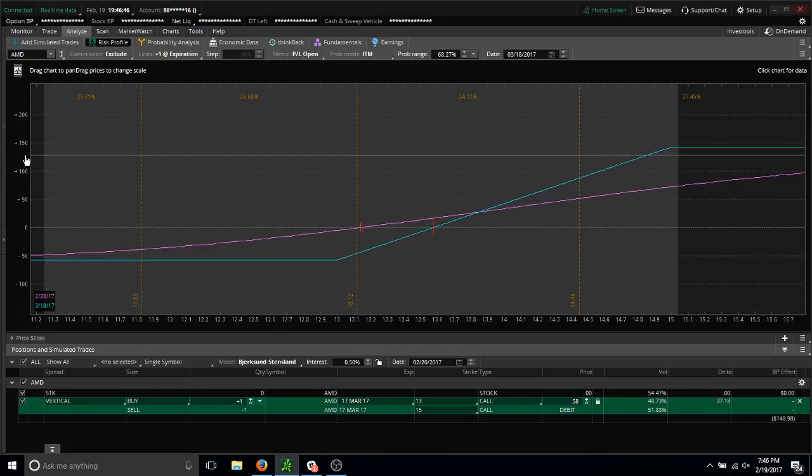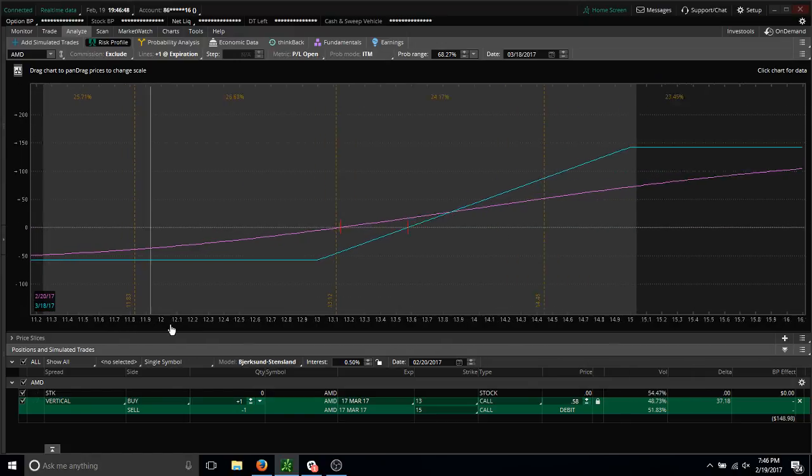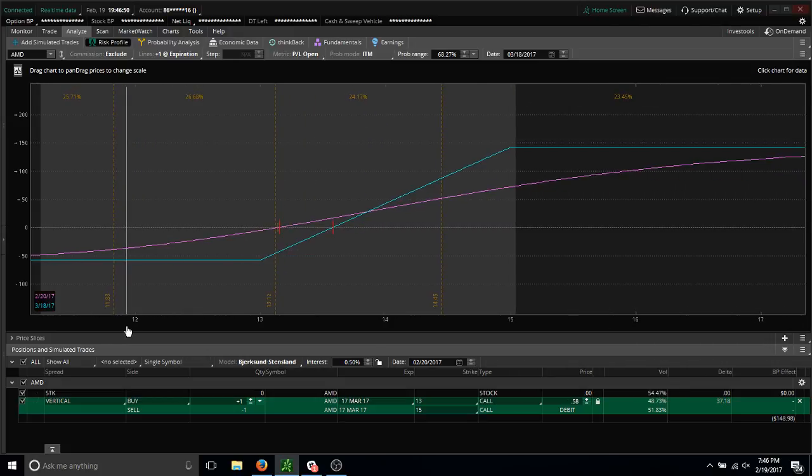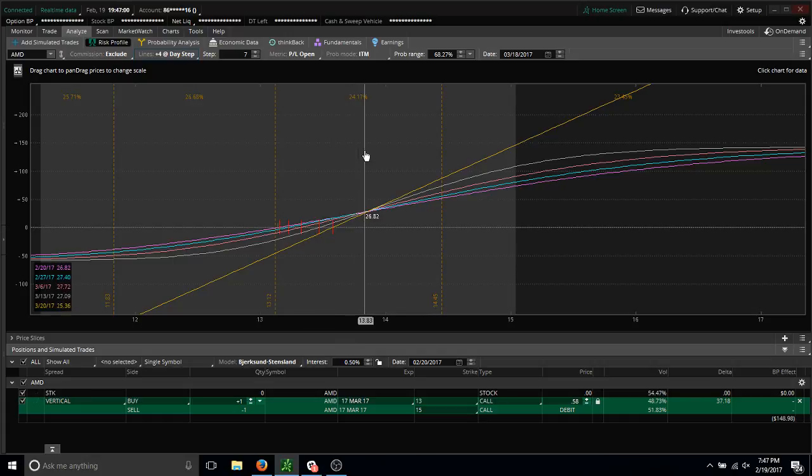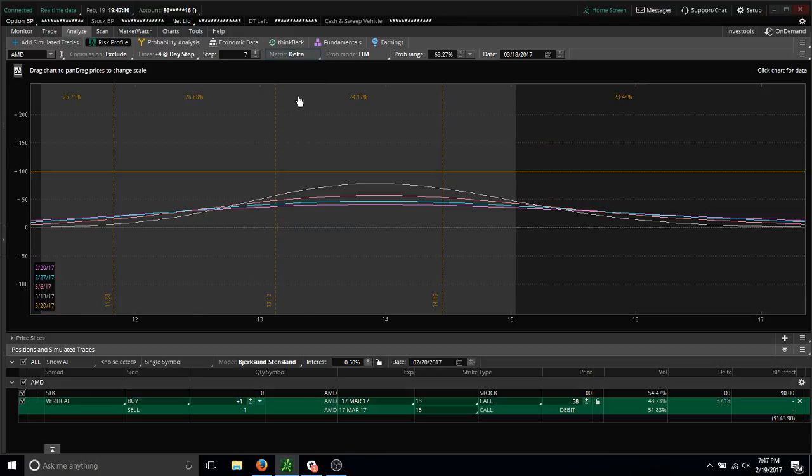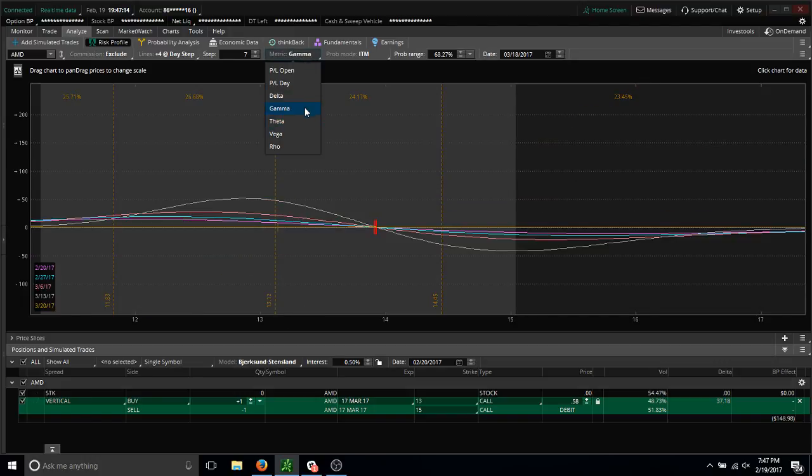So I can zoom in and out of this as well. And then I personally like the day step, 4-day step. And then you can set these different metrics. We'll look at PL, but you can also look at delta and gamma, all the different types of things here.